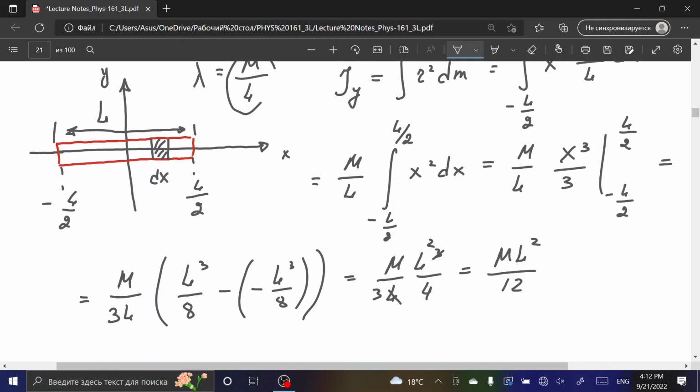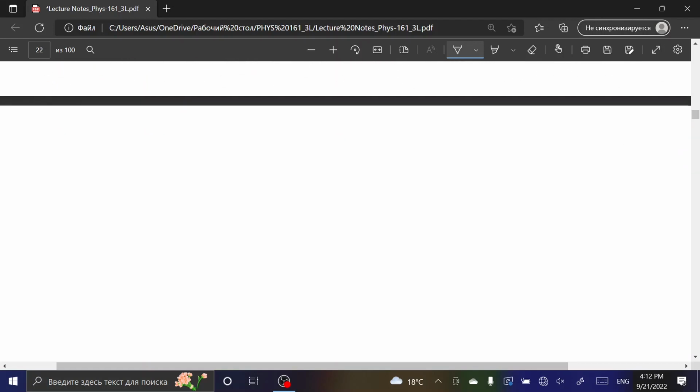So let us, in general, introduce it. It's valid for symmetric bodies or not symmetric, arbitrarily shaped bodies. It's just more challenging to calculate the moment of inertia with respect to the axis which goes through the center of mass.